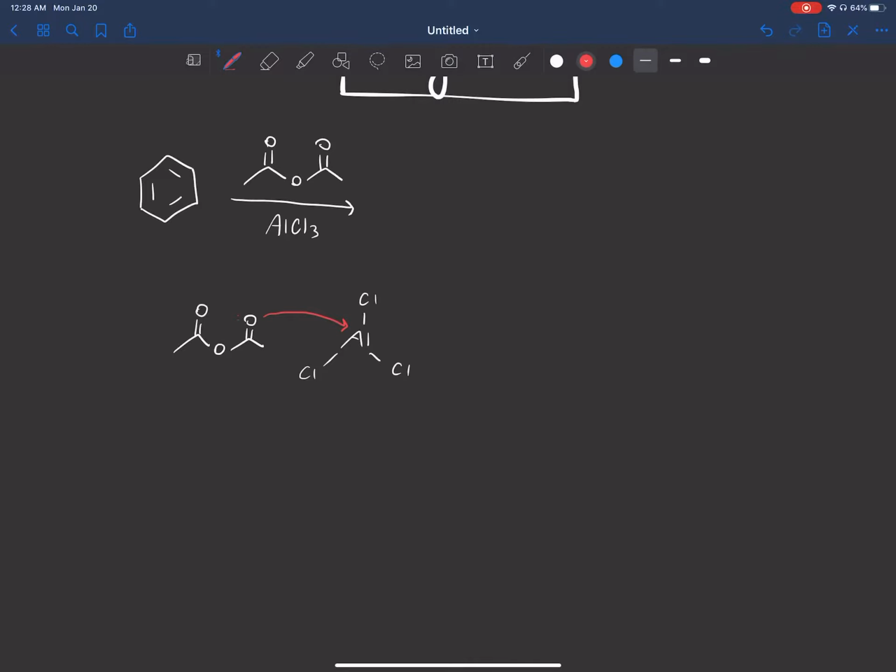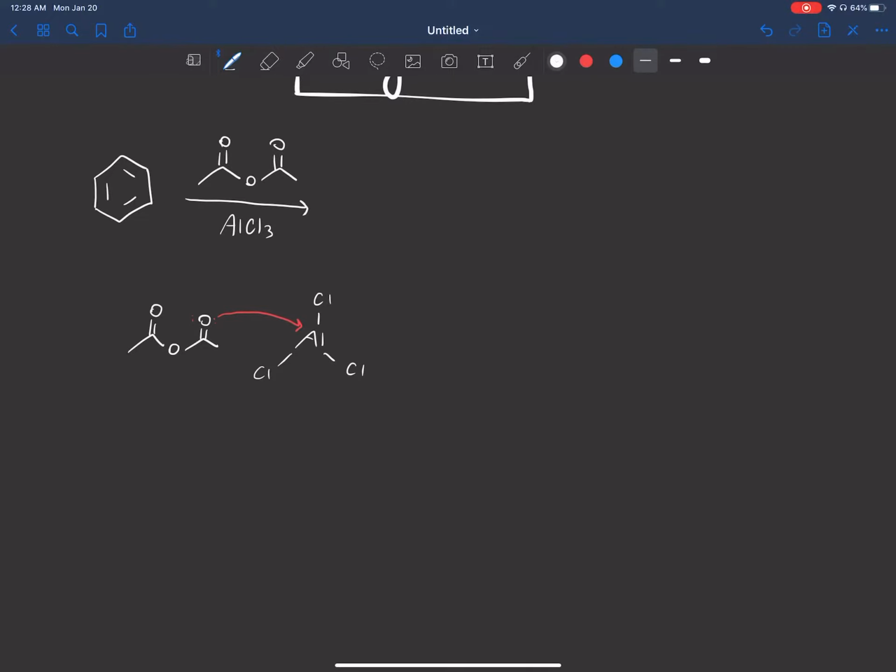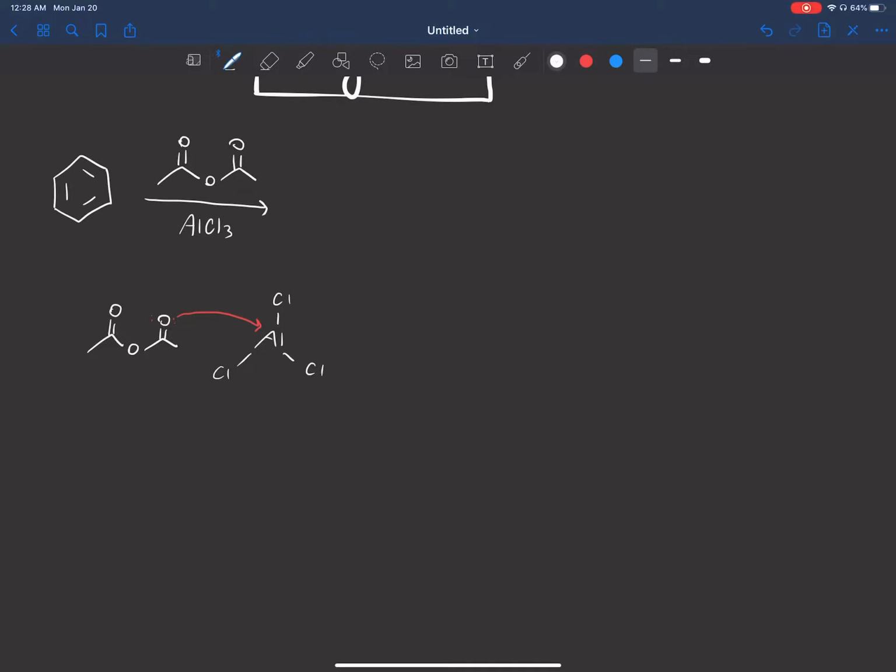Remember, there are two lone pairs here. I know this is a little bit odd to see, but you will see this in a lot of reactions in Orgo 2, especially when we get to stuff like acetals, where you'll see oxygens of carbonyls being protonated. So this is going to create an intermediate that looks like this. Aluminum gets a negative, oxygen gets a positive.